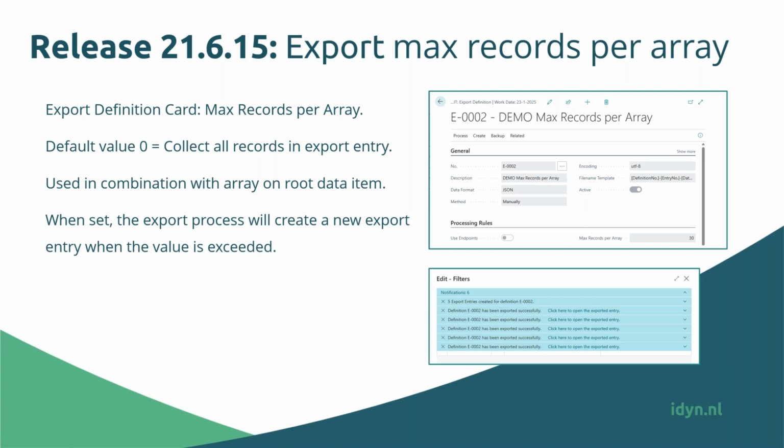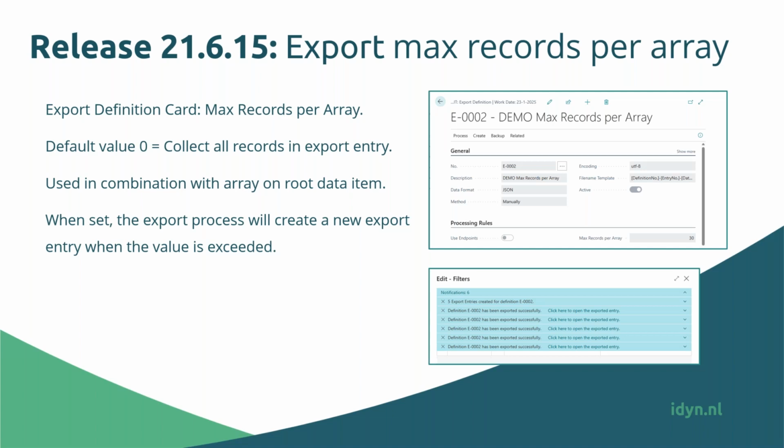And we also have added the use endpoints option, or we moved that to the processing rules as well. If we keep this maximum records per array value at 0, then we will simply create one single export entry, provided that we have an array set up in the root data item.